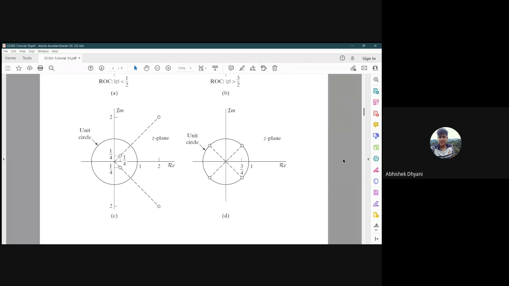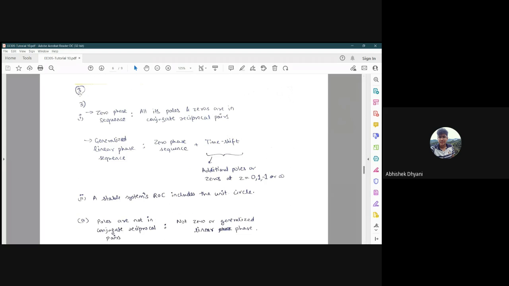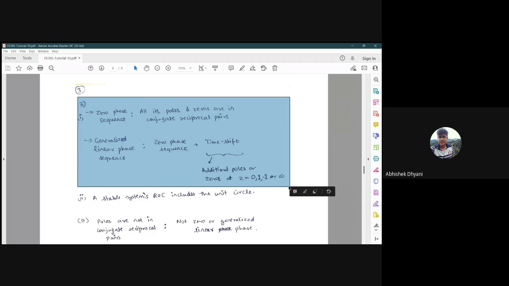So these are the conditions on which we are characterizing whether it is a zero phase sequence or a generalized linear phase sequence. For a generalized linear phase sequence, there must be, in addition to zero phase, these additional poles or zeros. Otherwise, it's just a zero phase sequence.